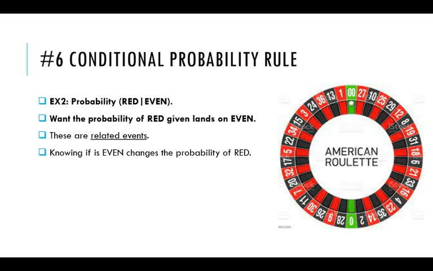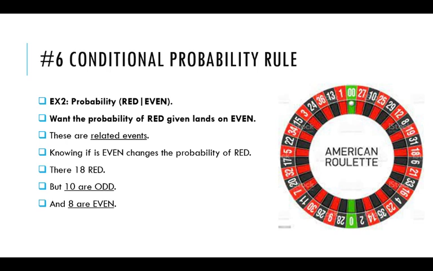So knowing if it's even changes the probability of red. Now, it turns out on this wheel, we already understand there are 18 red spaces. There are 10 odd spaces that are red, and there are 8 even spaces that are red. I didn't realize it's not 9 and 9. So guys, if you're going to go gamble, know that.